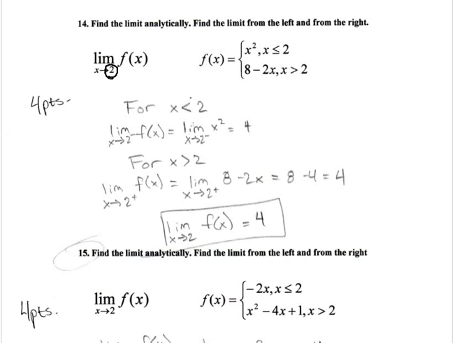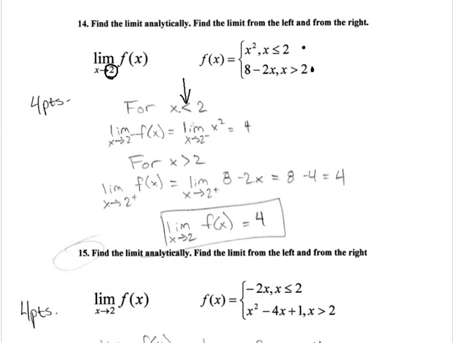From the left means that we're going to use all values of x less than 2. We're approaching 2 on the left, as if we were looking at it on a graph. So for x less than 2, which of these two functions are we going to use for f?